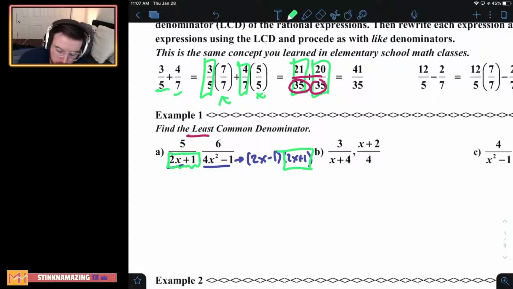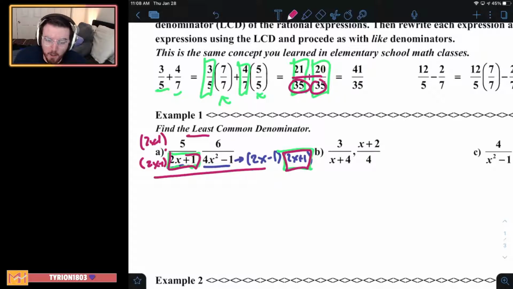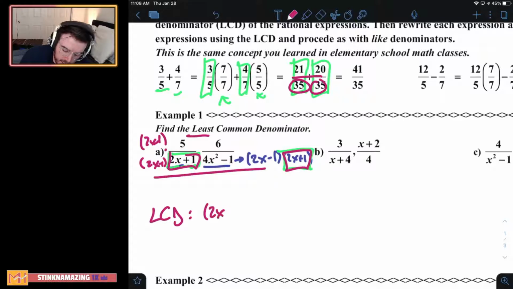So what would we do to make them the same? Well, if this part is already shared, we need to multiply by 2x minus 1 in order to make these guys identical. I hope that logic makes sense. So my least common denominator is 2x minus 1, 2x plus 1. That's what the denominator would be in the end.